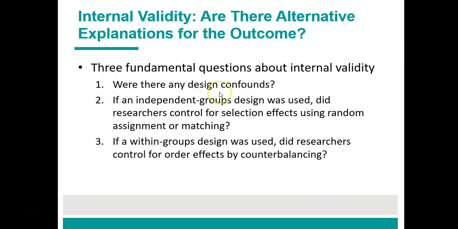If there was a design confound, that would be an issue. And so you'd want to say, I don't know that I would believe this causal claim. I feel like there is potentially another explanation. Were the two groups similar, using random assignment or not? How was counterbalancing used if needed?